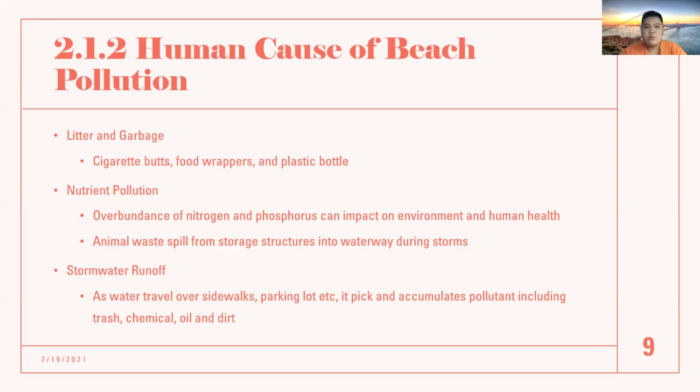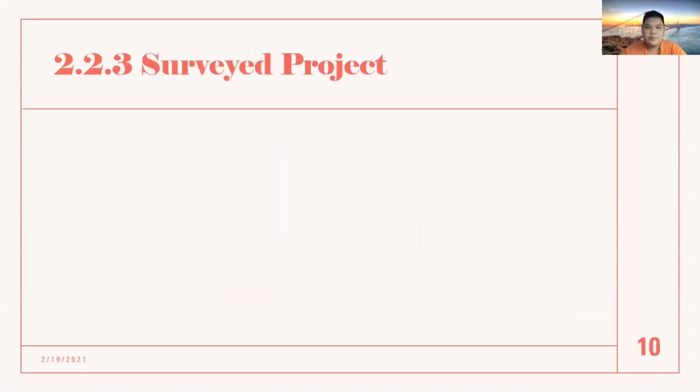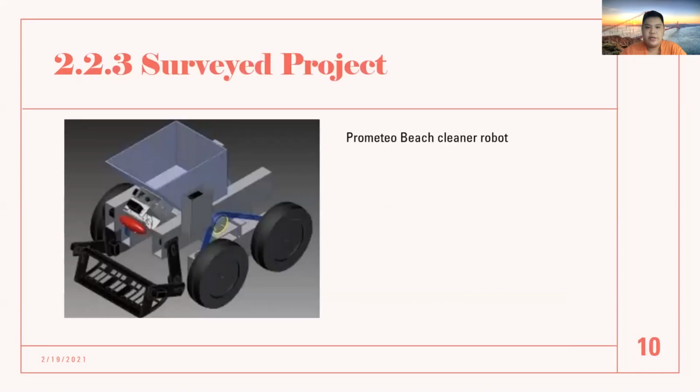Also, animal waste is spilled from storage structures into waterways during storms. The next is stormwater runoff. As the water travels over sidewalks, parking lots, and other places, it picks up and accumulates pollutants including trash, chemicals, oil, and dirt.